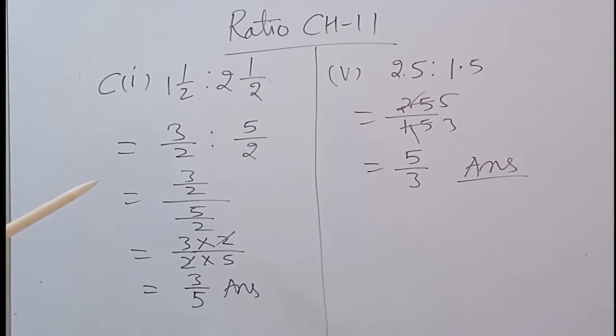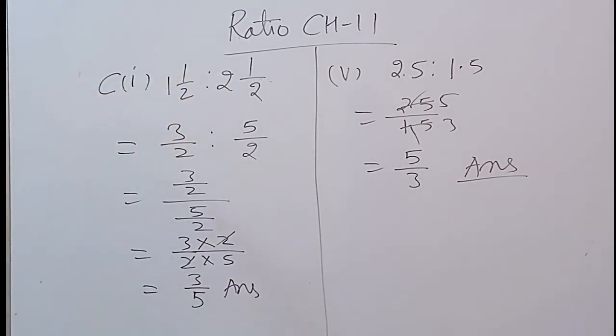Now the denominator of the numerator will go in the denominator, and the denominator of the denominator will go in the numerator. So do the same. So we get 3 upon 2 times 2 upon 5. Now 2 cancels with 2 and we get 3 upon 5. So 3 upon 5 is the simplest form of 1 whole number 1 upon 2 ratio 2 whole number 1 upon 2.